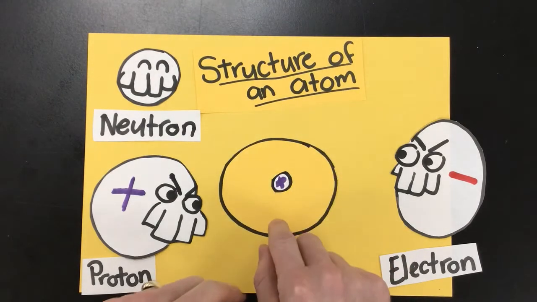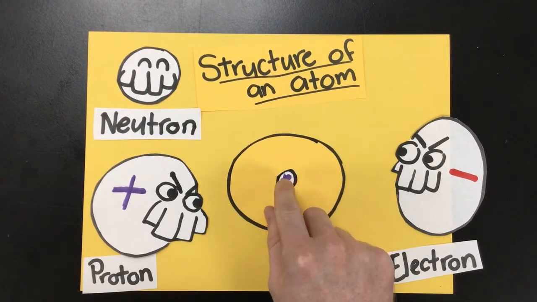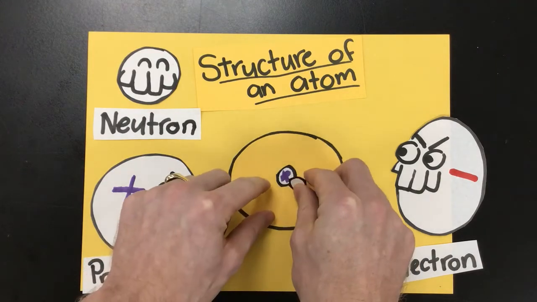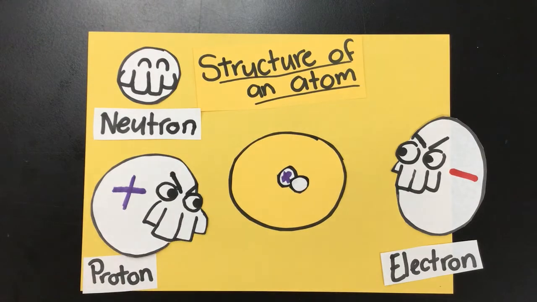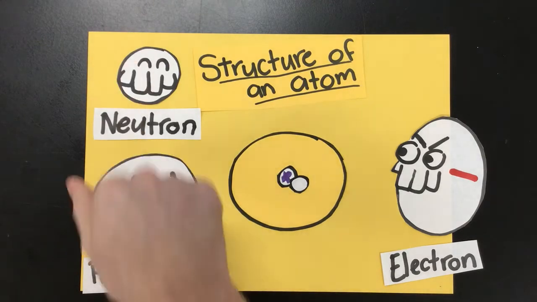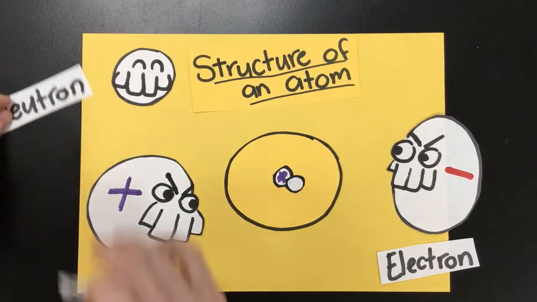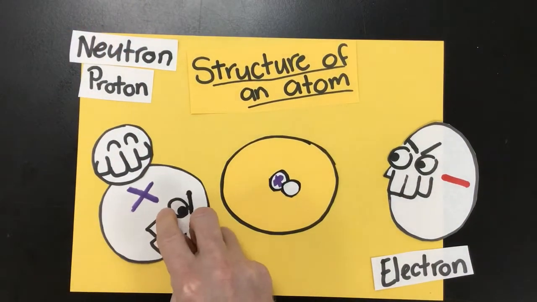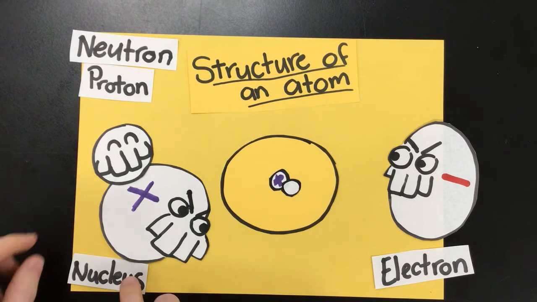In fact, he will stand right in the middle of the field because he knows what he's doing. The neutron, on the other hand, has no idea what he's doing, so he'll stand right alongside my proton. Now together they form a rather unique team, and we call them the nucleus.